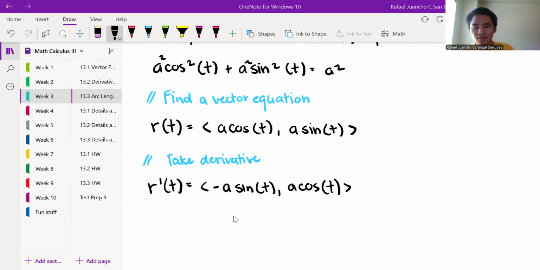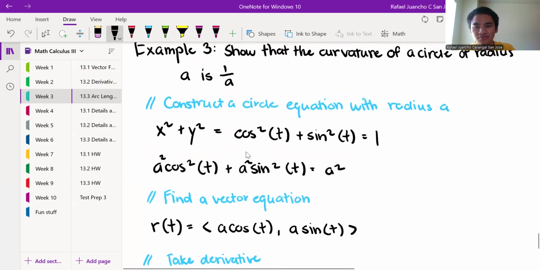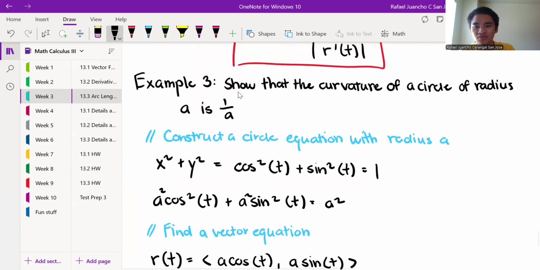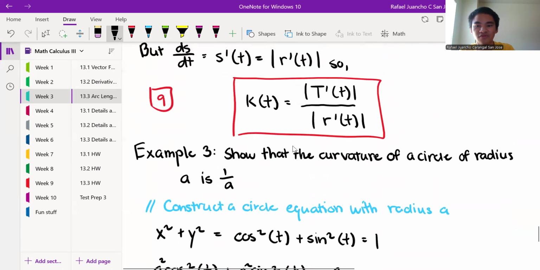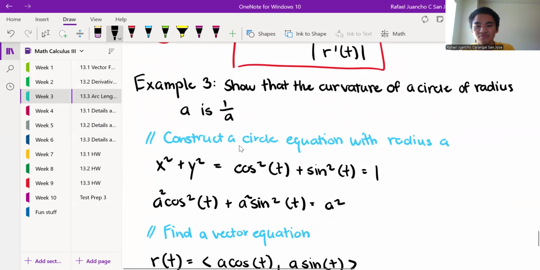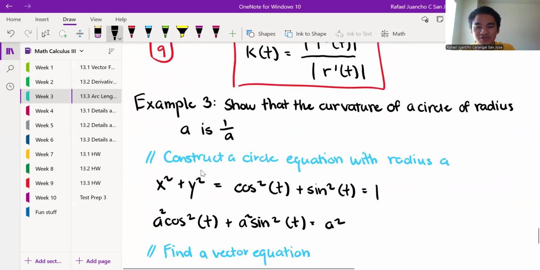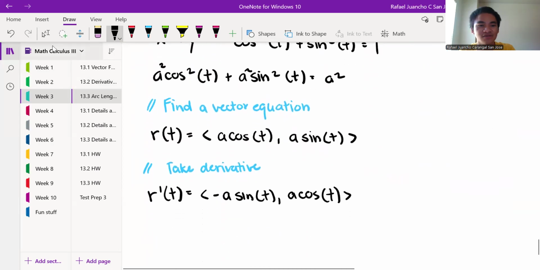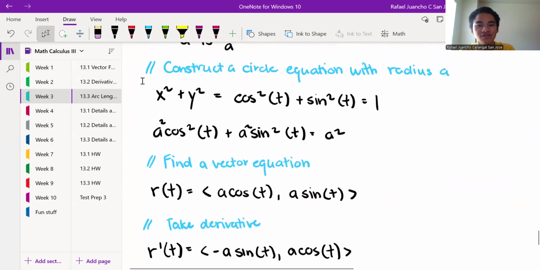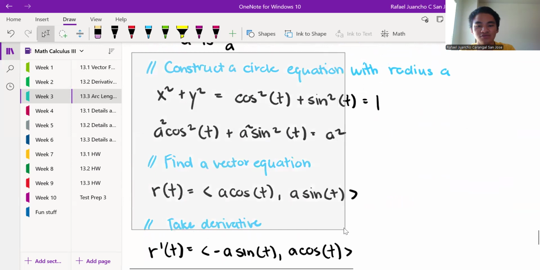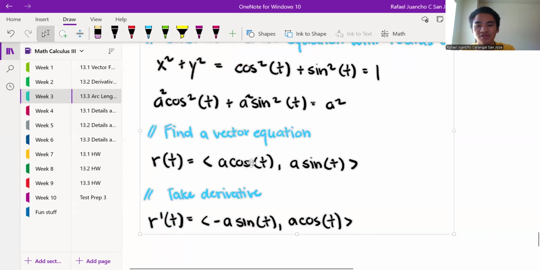Now we want to find its magnitude. Actually, my bad. Before we even have done all of this, we want to state our givens. That's usually what we want to do when we're given a problem.